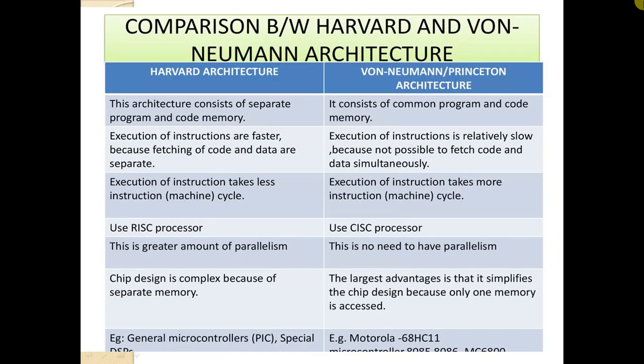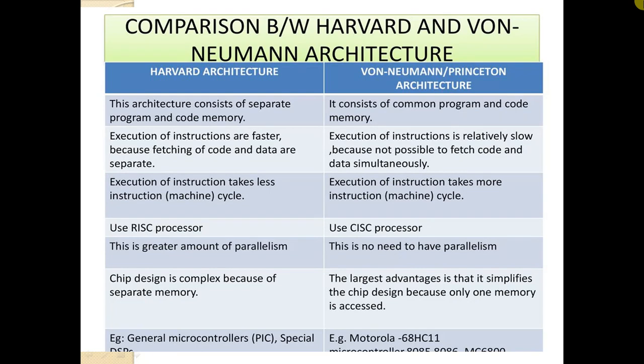Harvard architecture consists of separate program and code memory. Von Neumann architecture consists of common program and code memory. Execution of instructions is faster in Harvard architecture because fetching of code and data are separate.